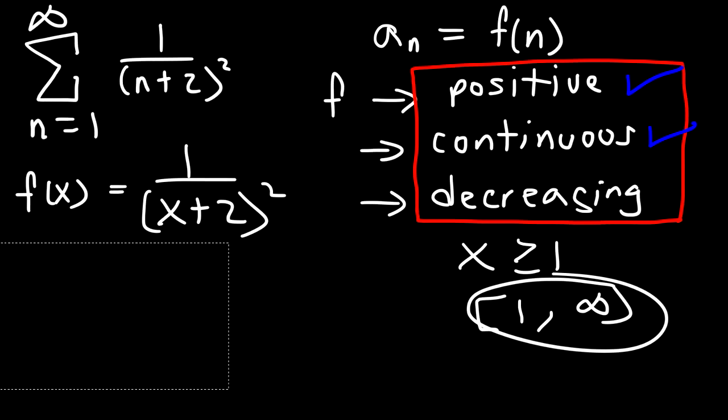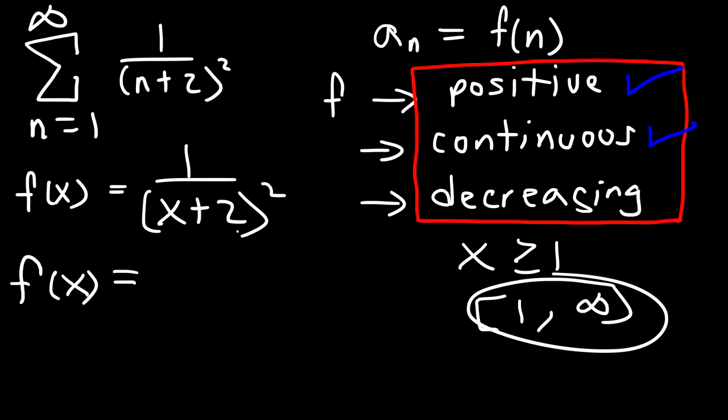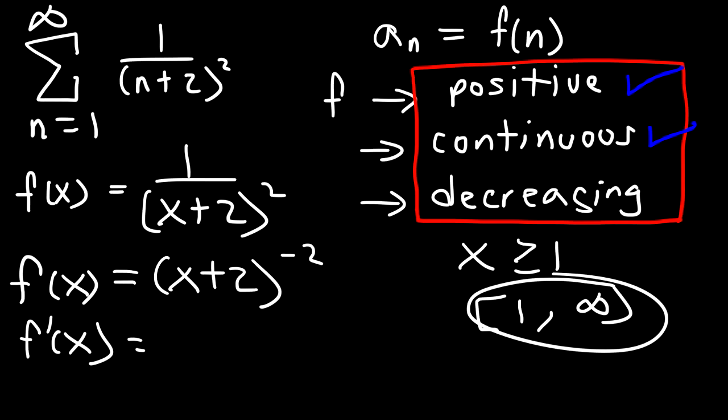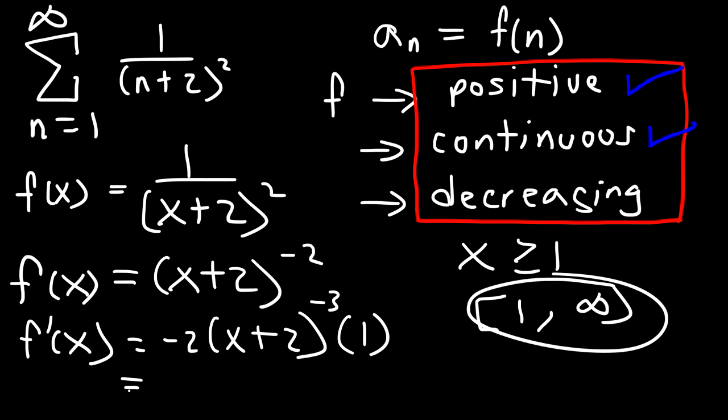Let's begin by rewriting the function as (x + 2) raised to minus 2. Using the power rule, it's going to be negative 2 times (x + 2) to the negative 2 minus 1, which is negative 3. Then you multiply by the derivative of the nested function, which is 1. Rewriting this, it's negative 2 over (x + 2) to the third power.